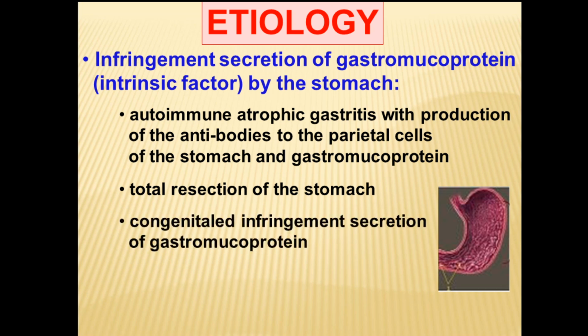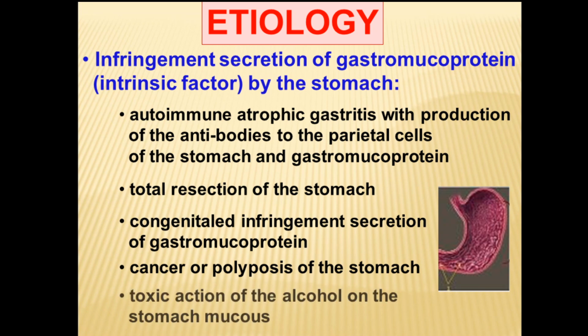A patient with total resection of the stomach needs artificial injection of vitamin B12 for the rest of his life. Sometimes there is congenital infrequent secretion of gastromucoprotein, which restricts normal assimilation of vitamin B12. And we remember about neoplasms and the toxic action of alcohol on the stomach mucosa, which are provoking factors of atrophic gastritis.